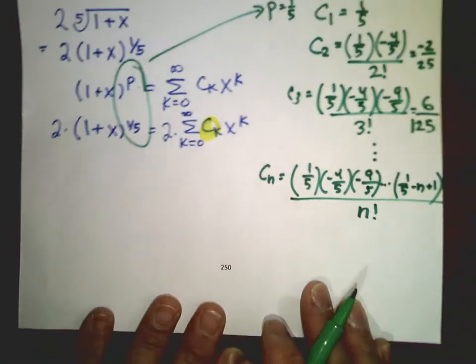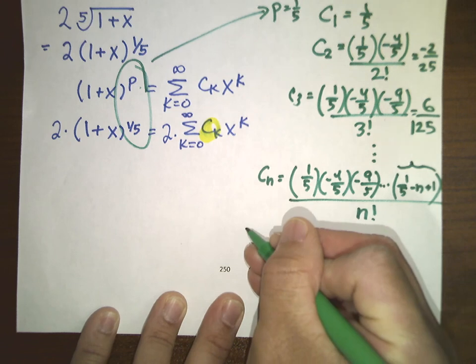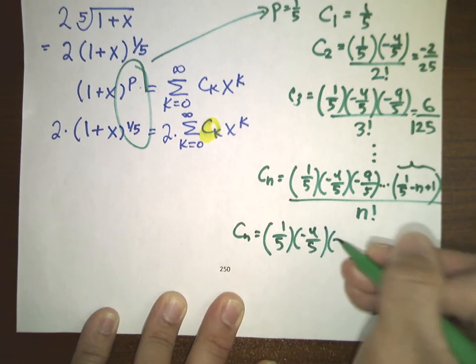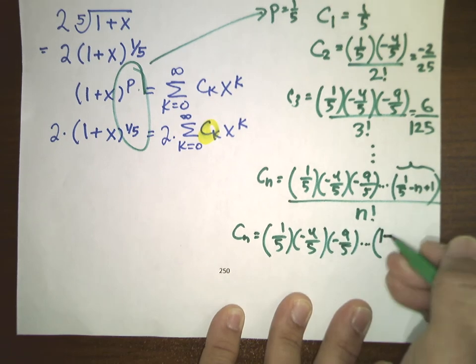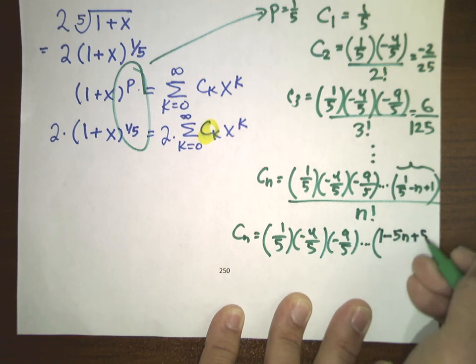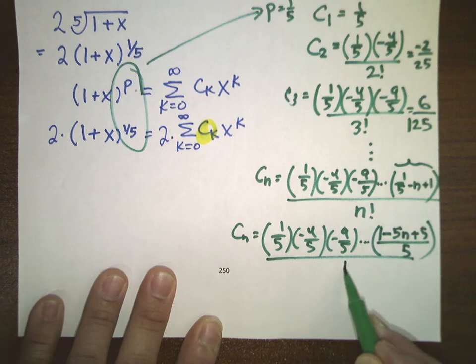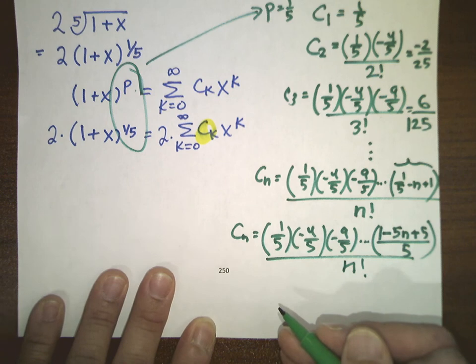All right, and then similarly to the last example, I'm going to find the common denominator here. So I have Cn is equal to 1/5 times -4/5 times -9/5 all the way to 1 minus 5n plus 5 all over 5, all over n factorial. So then I will go ahead and factor out a -1.